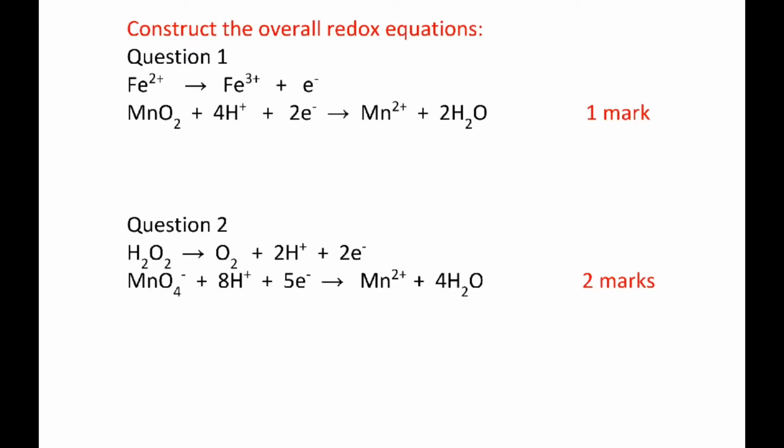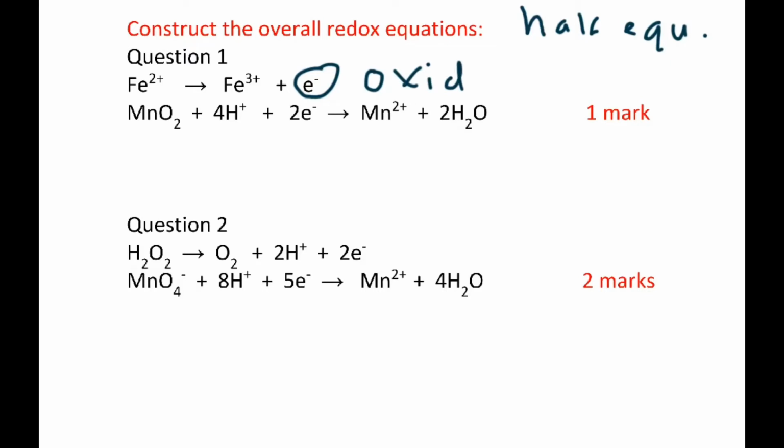Can you see that in question 1 you have got two half equations? They're called half equations. You have got the Fe2+, and can you see that the electron has been lost? So that is the oxidation half equation.